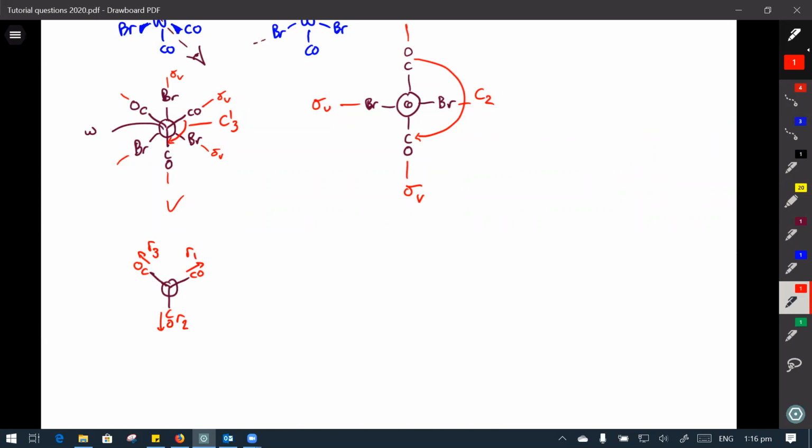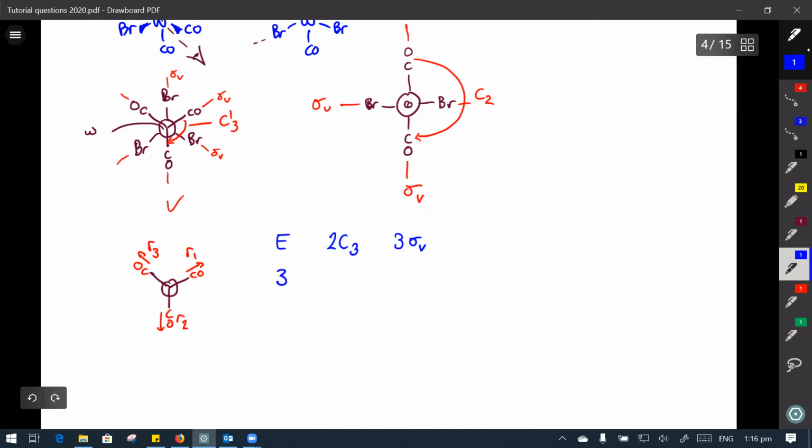So we're going to have E. We've got two C3 operations and then three sigma V operations. So the characters are going to be 3, and then this character is going to be 0, and then this character is going to be 1.